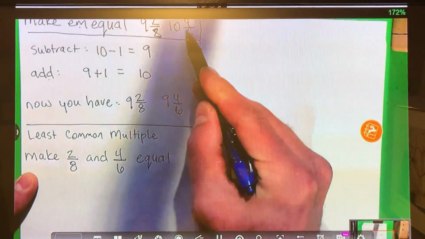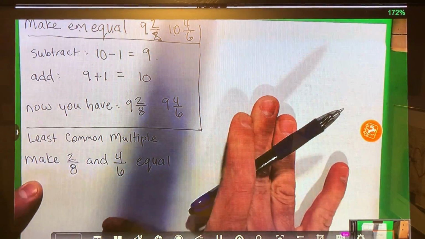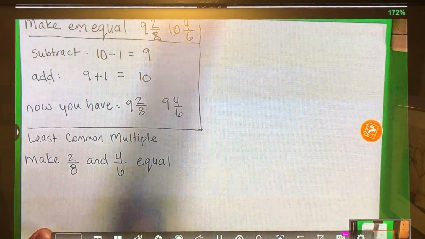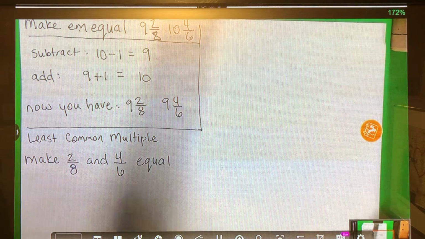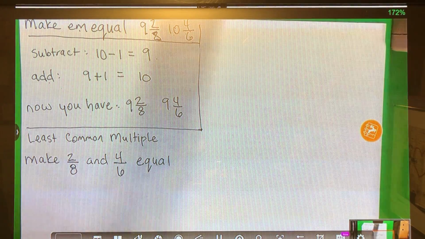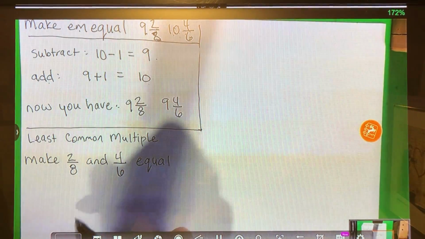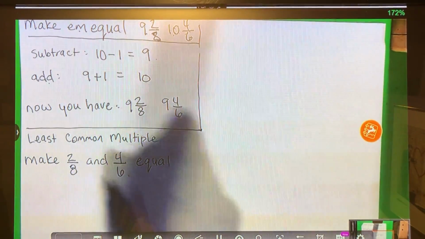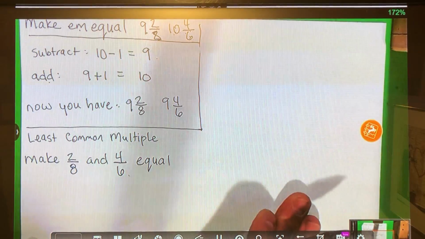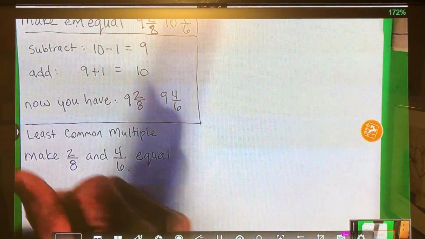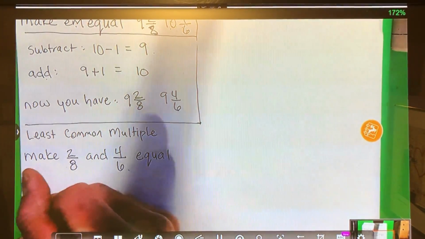These are the two fraction bits of our mixed numbers, okay? So to make 2/8 and 4/6 equal, what we have to do is locate the least common multiple of the two denominators, right?